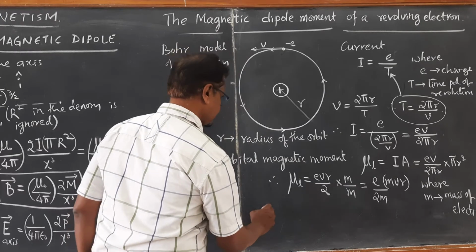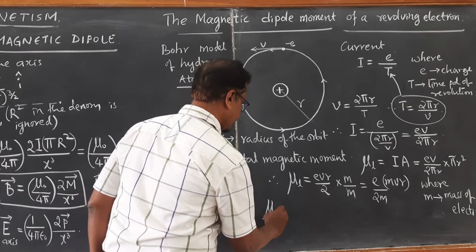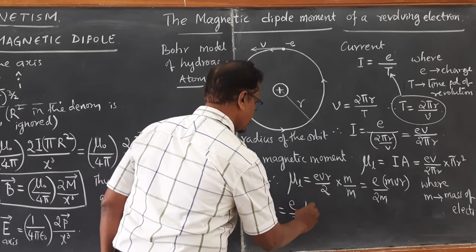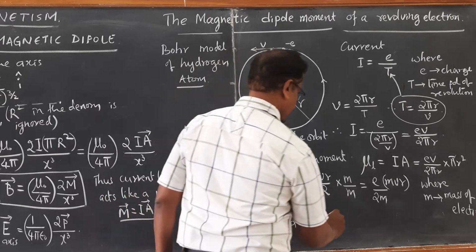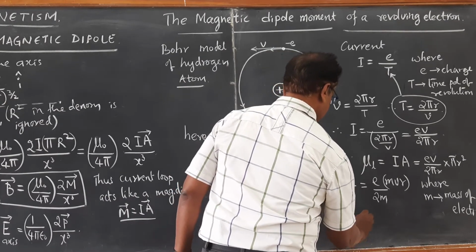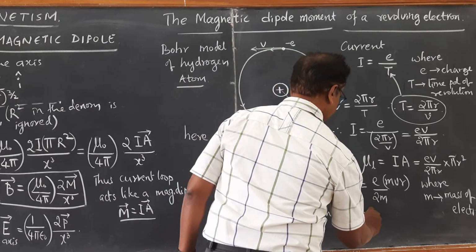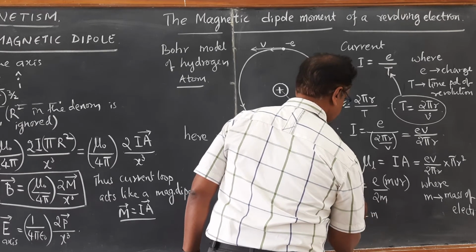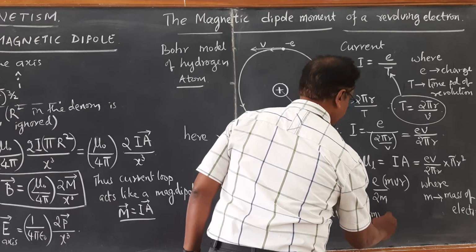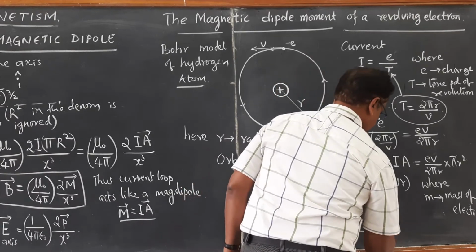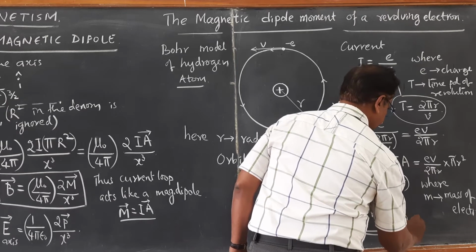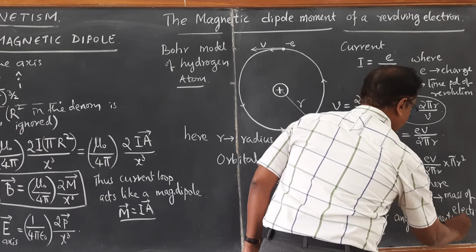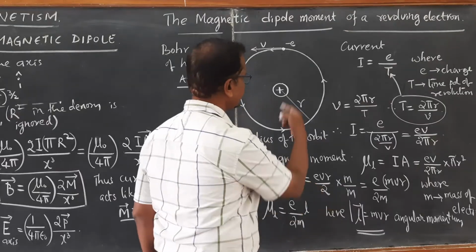So mu L therefore can be written as e upon 2m into small l, and this small l is angular momentum r cross p. So we will write magnitude mvr is called angular momentum of the revolving electron.